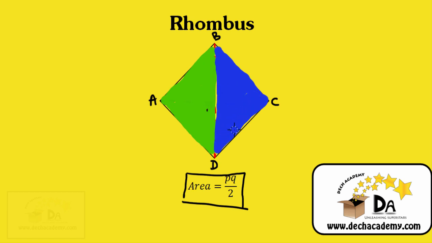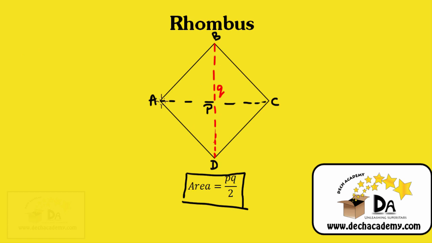If you're focusing on the diagonal with the length of P, it divides the rhombus into this triangle, essentially this region above the diagonal with the length of P, and of course the other triangle, which you can clearly see, this triangle here.